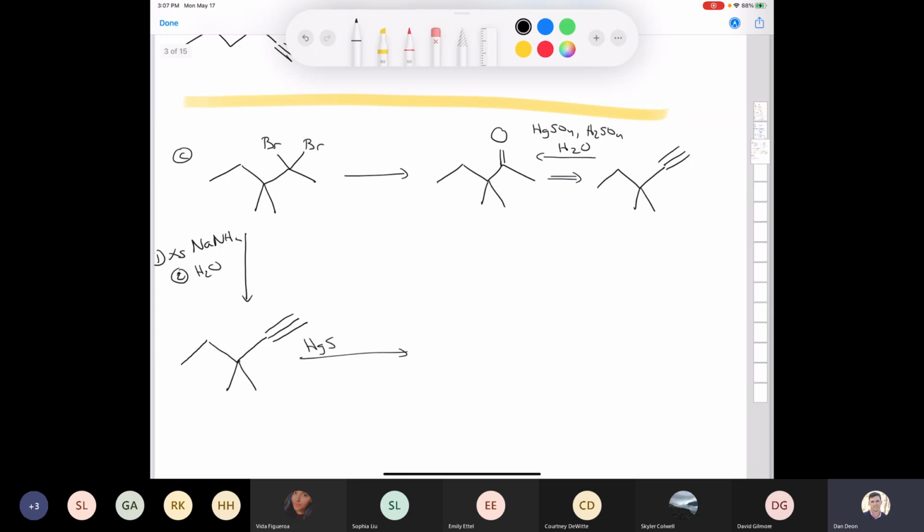I'll treat it with mercuric sulfate, sulfuric acid, and water. And then we end up with this enol, which is the result of the Markovnikov addition of water. So here's our enol. I put it in the square brackets. That means it's non-isolable. That means it's going to rearrange quickly or undergo tautomerization to give us the methyl ketone.